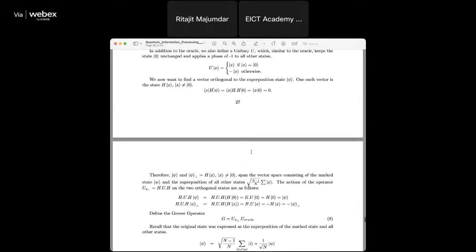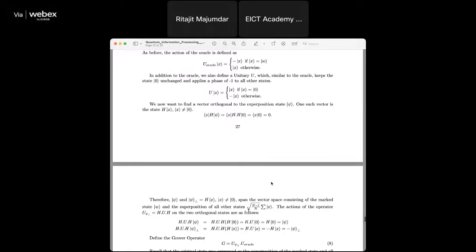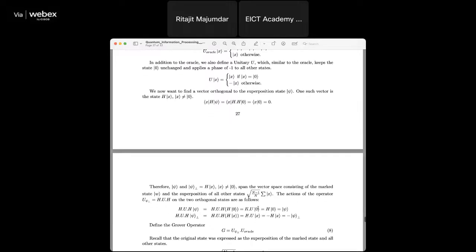What does U do to 0? We defined that U doesn't do anything to 0, so U acting on 0 is just 0. So H acting on 0 is again psi. So nothing changes. When you apply HUH on the state psi, the equal superposition state, nothing happens. The state is still psi.